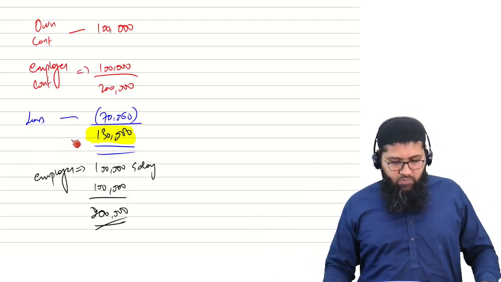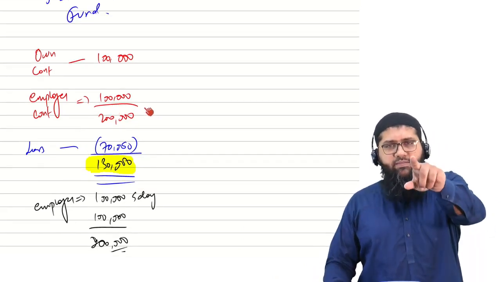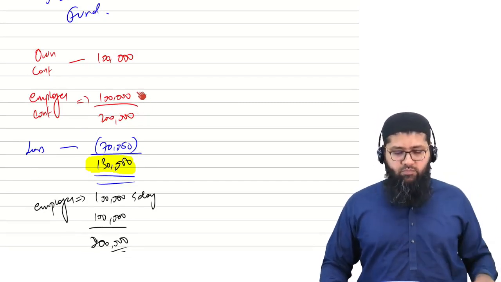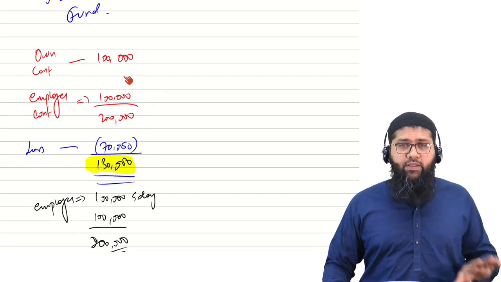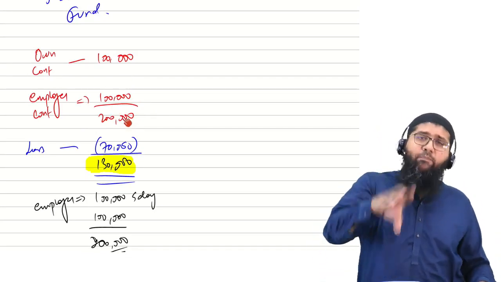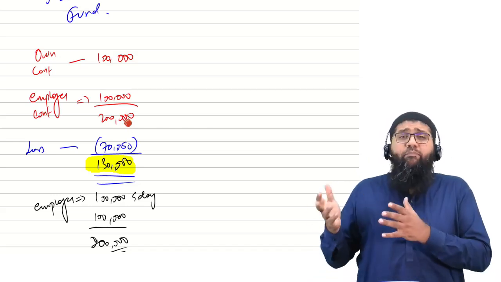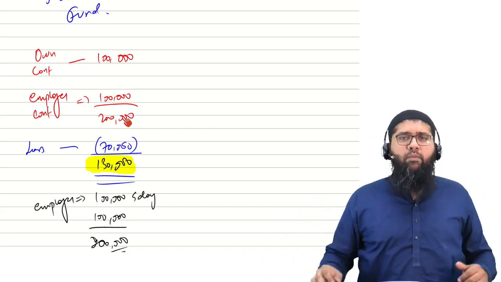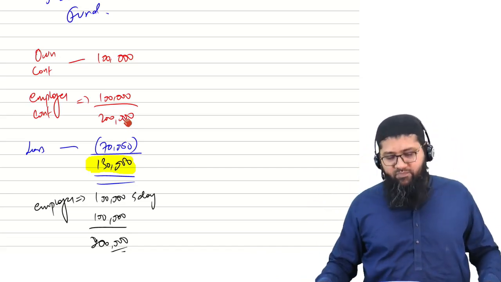So we deducted 100,000 from your salary. We paid 100,000 from our own pocket. That makes it 200,000. Now see, we have paid our part into the fund. If the fund performed badly, if your money is lost, it's your problem, not my problem. I have paid my money.